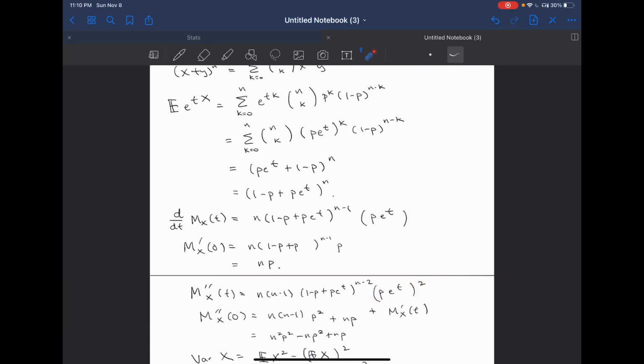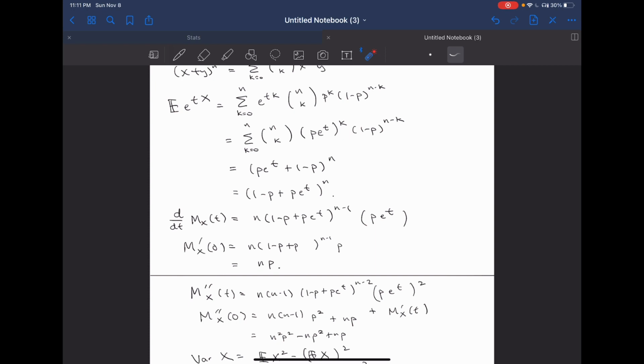And then we have to apply the product rule. We take the derivative of p e to the t, but that's exactly just p e to the t. And here it just remains the same from the product rule. So we get M prime x of t again. This is the second derivative of the MGF of the binomial random variable.